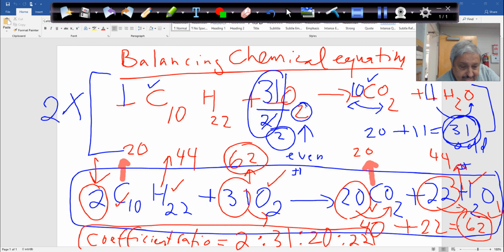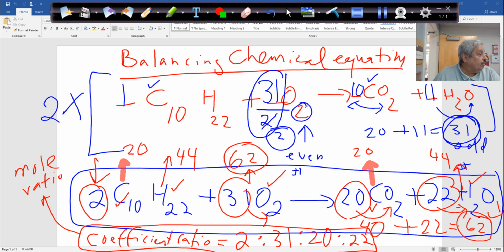So this is the coefficient ratio, or sometimes called the mole ratio. Mole ratio or coefficient ratio. So 2 to 31 to 20 to 22. Make sense, guys? Okay, that's good.